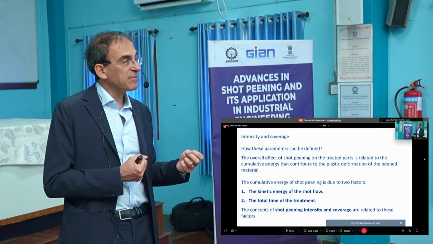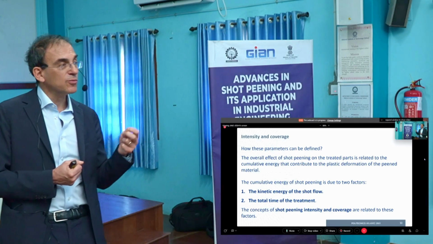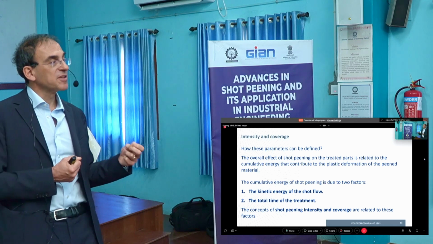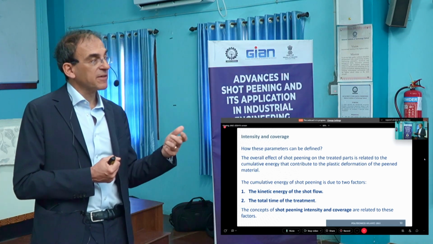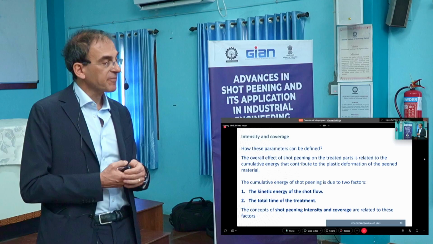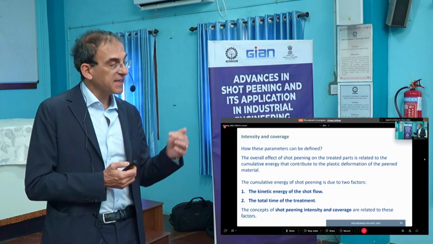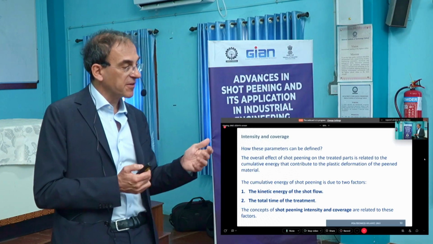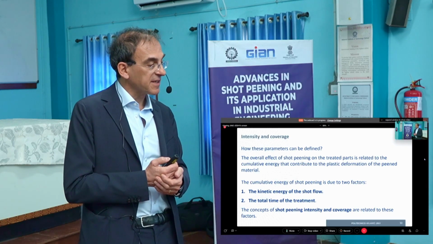And the second, if we are talking about the cumulative energy, we should also consider the time of exposure to the shot flow. So the kinetic energy of the shot flow first, and then the total time of treatment.